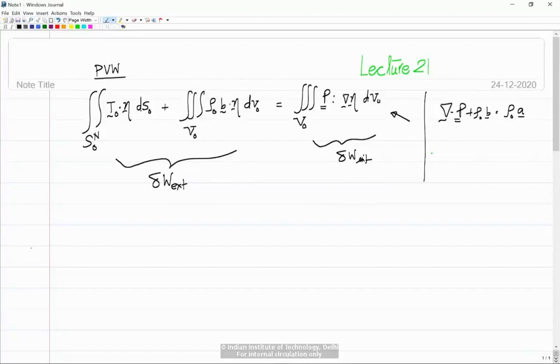We learned that in the context of particles or rigid bodies, but now we want to do it for deformable bodies. So this is another principle, the principle of minimum potential energy. So that's the next topic now.